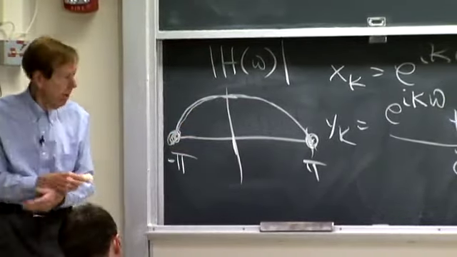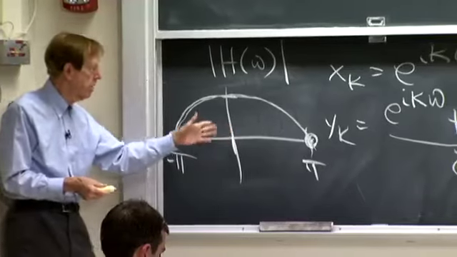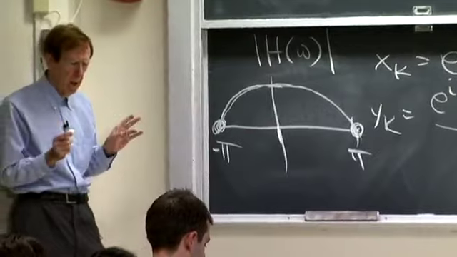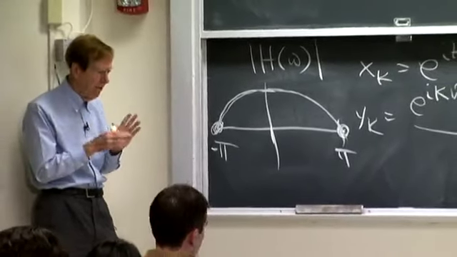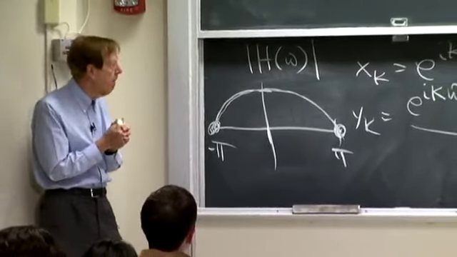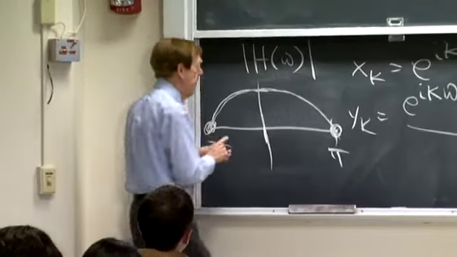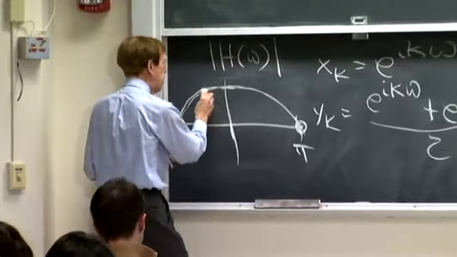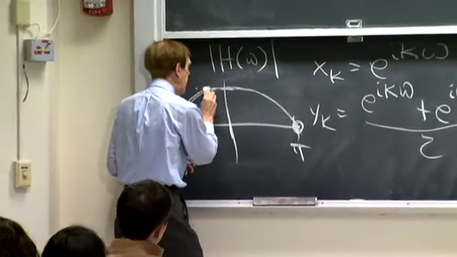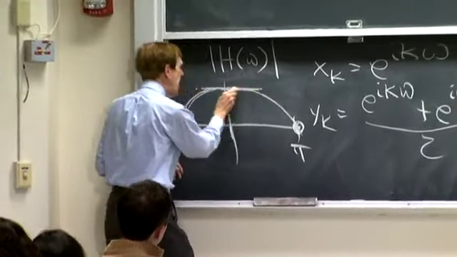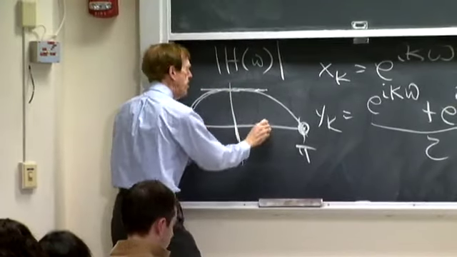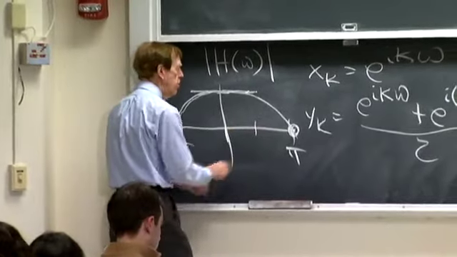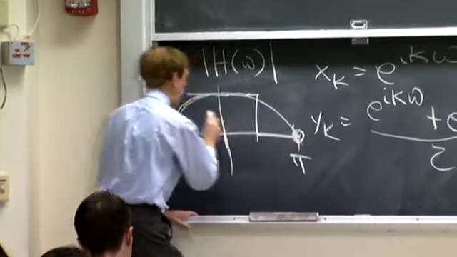So any engineer, any signal processing person looks at this graph of H of omega and says, that is a very fuzzy filter. An ideal filter, an ideal low-pass filter would do something like this. An ideal filter would stay at 1 up to some frequency, say pi over 2, and drop instantly to 0.